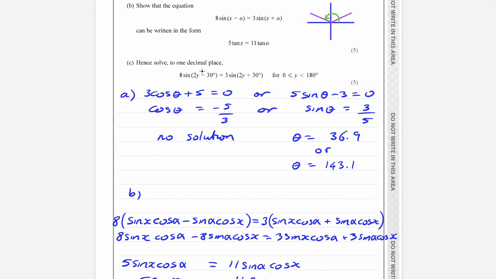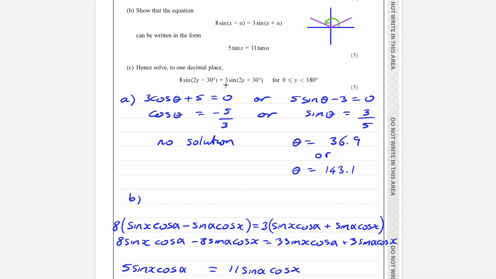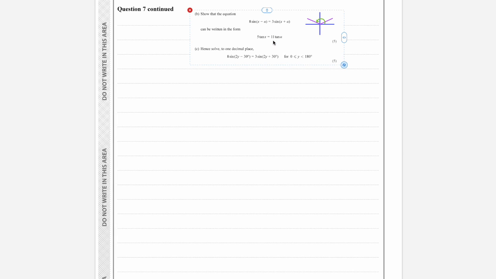Part C. Hence, solve to 1 decimal place this. Okay, now, guys, I am going to copy this down so I can see what's actually happening.